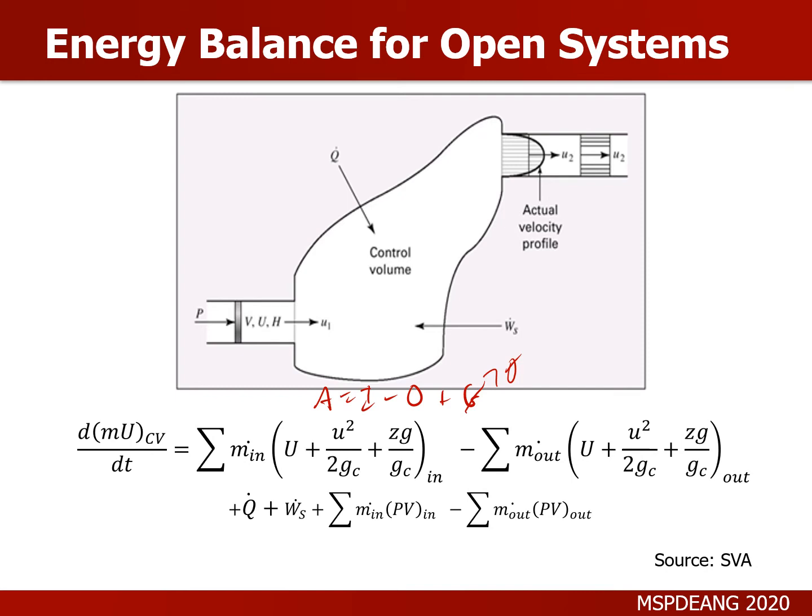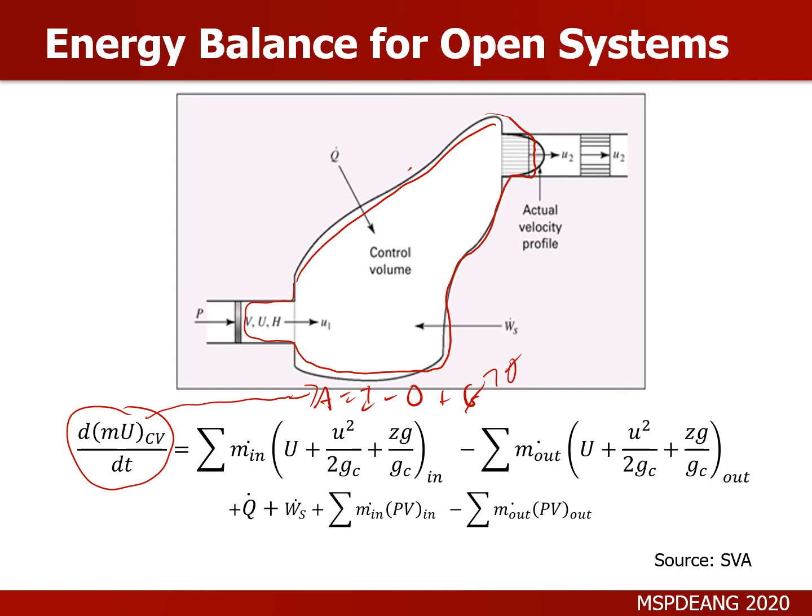So these are the terms present in the energy balance for open systems. So we have d(m u)cv over dt. This is the rate of accumulation of energy inside the control volume. It is possible for energy to accumulate inside, and this is represented by d(m u)cv over dt, or the rate of change of total internal energy inside the control volume with respect to time.